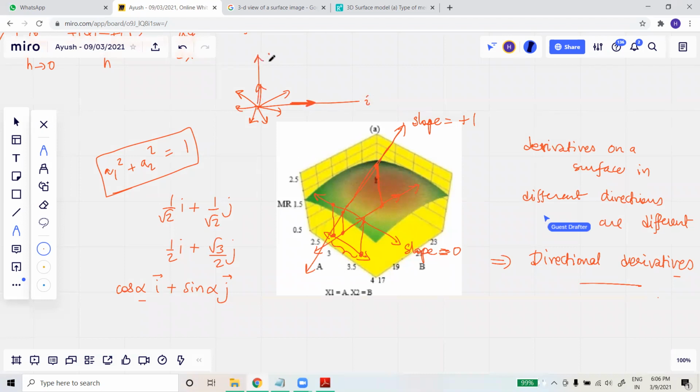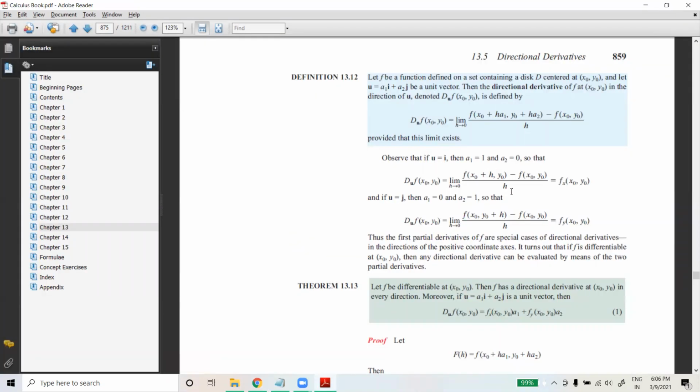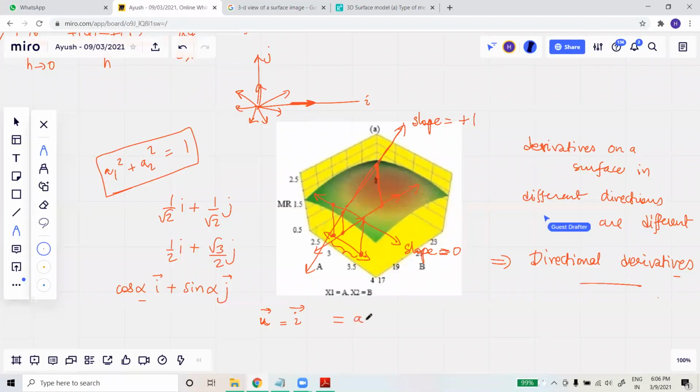The unit vector is already given, u is I. So then a1 is 1 and a2 is 0. If you match them, a1 is 1, a2 is 0.